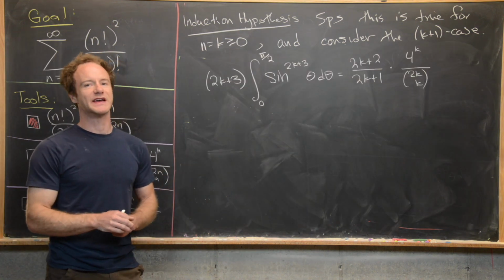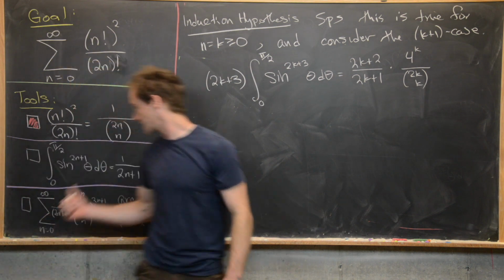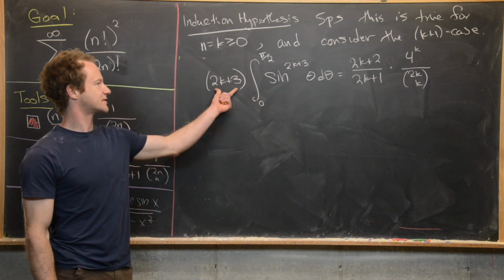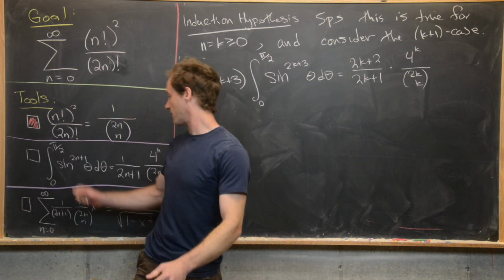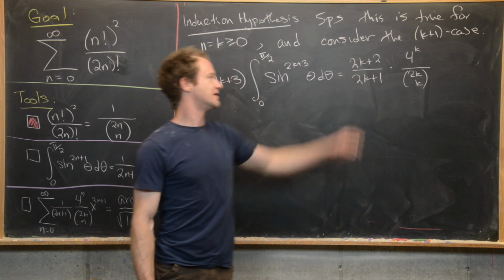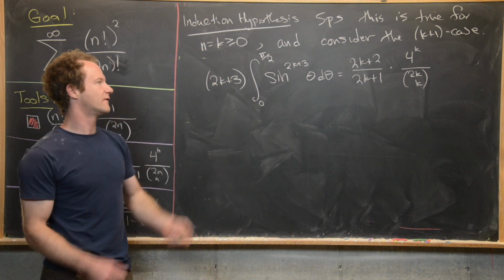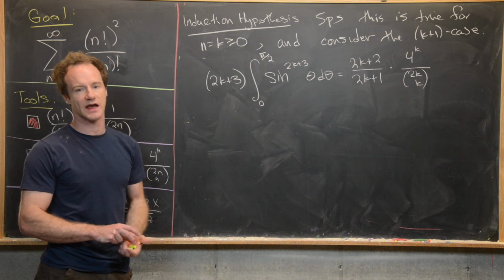So on the last board, we achieved the following equation involving the k plus first case of this identity. So notice we've got 2k plus 3 times the k plus first case of the left-hand side equals this thing over here, 2k plus 2 over 2k plus 1, and then 4 to the k over the central binomial coefficient 2k choose k.